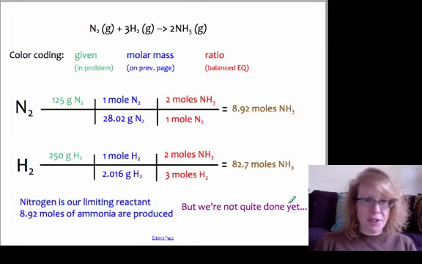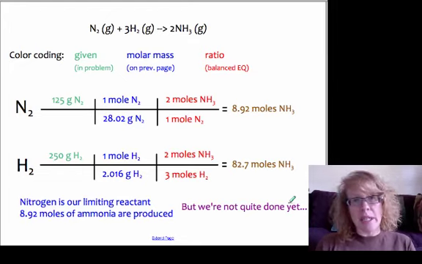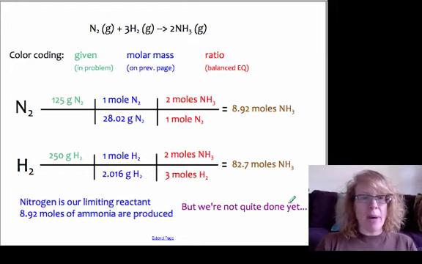Just like in our last fractions example, we started off with 125 grams of nitrogen gas. Nitrogen gas is 28 grams per mole. Again, it's N2. Nitrogen each weighs 14, so that's why it's 28. But nitrogen gas weighs 28 grams per mole, roughly. And in our balanced equation, 1 mole of nitrogen gives us 2 moles of ammonia.